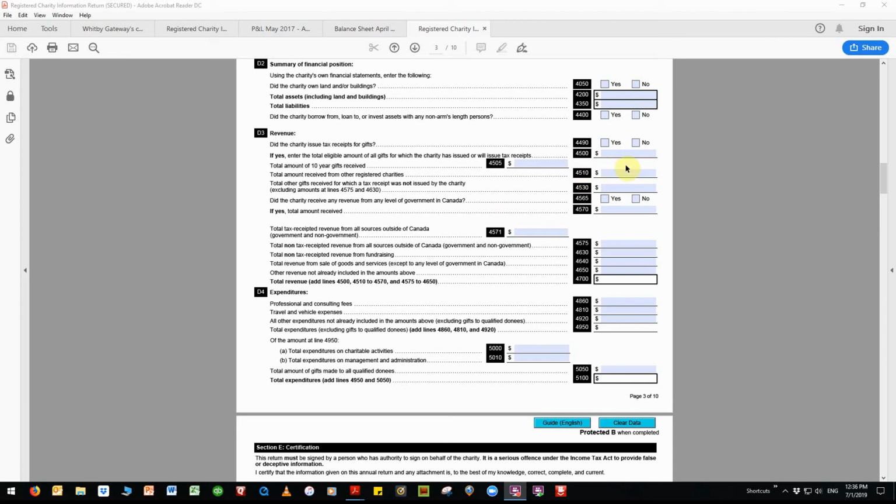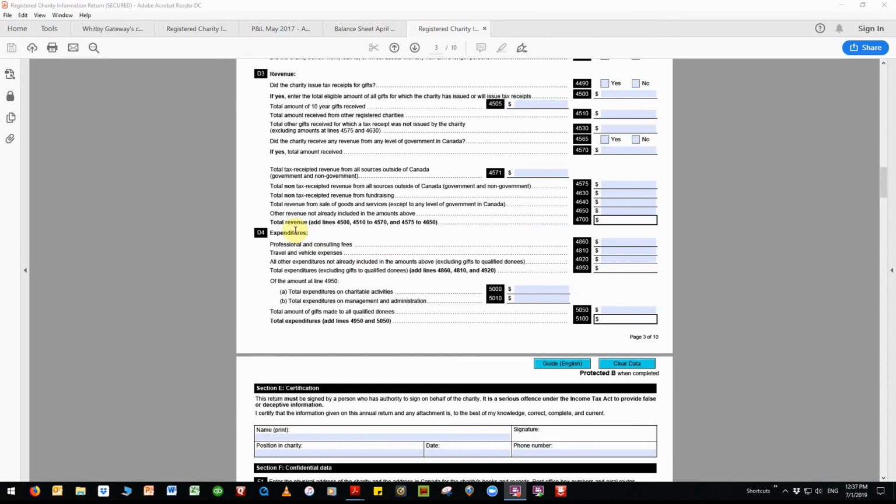So this number must include from May 1st to April 30th what our tax receipts would be. Again, down at the last line in D3, total revenue number must match our profit and loss for our year end.